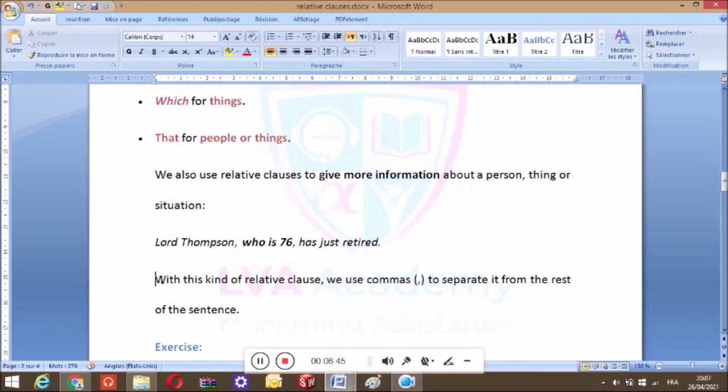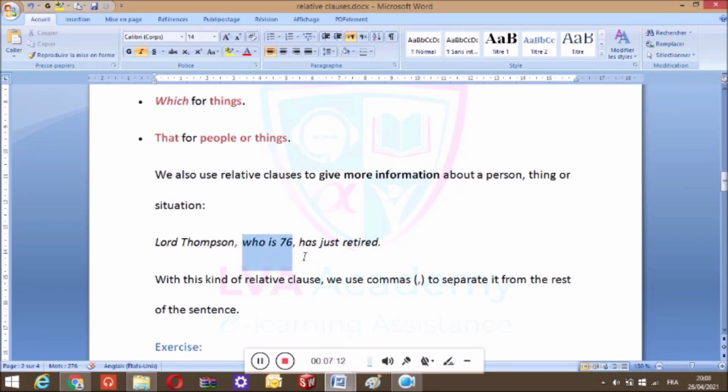With this kind of relative clause, we use commas to separate it from the rest of the sentence. Look at the commas over here. So here, the relative clause who is 76 is situated between commas. Why?